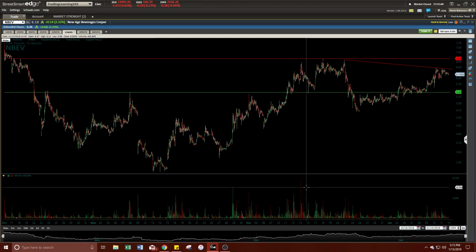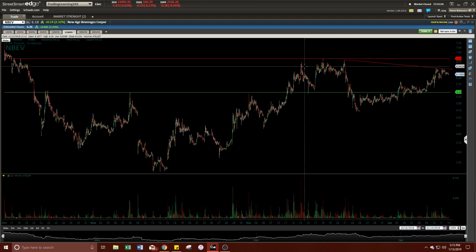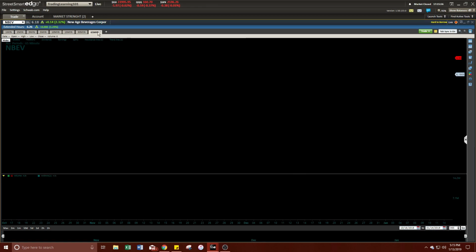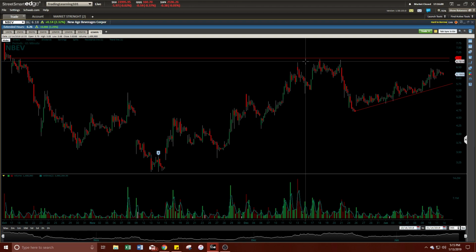And never get greedy with this. This doesn't look to have any clear breakouts. It loves its resistance, as we can see. It likes to top a lot.